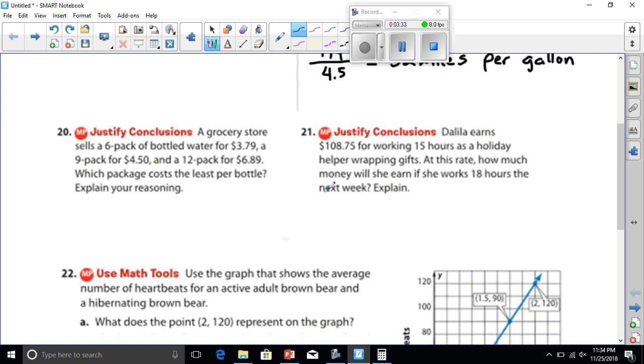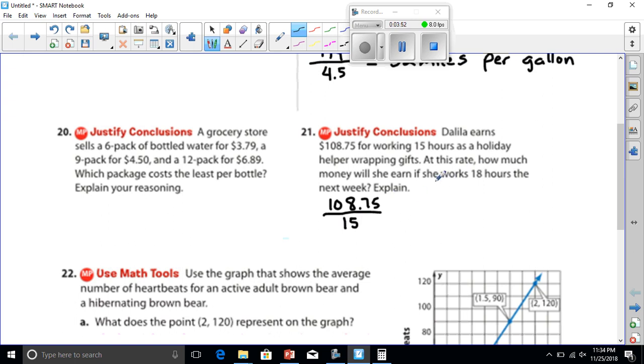So to find that rate, first of all, I can say I got 108.75, and we did that in 15 hours. Right?